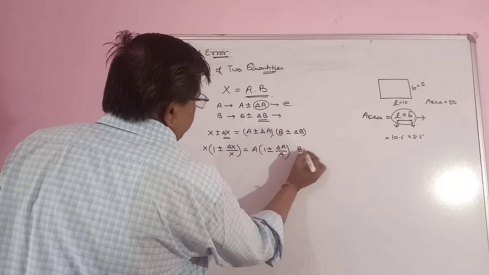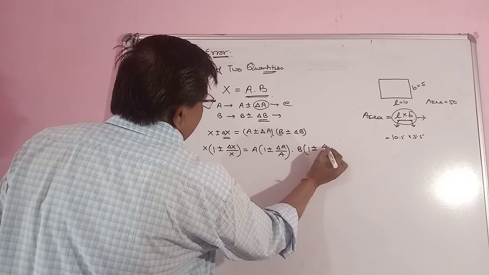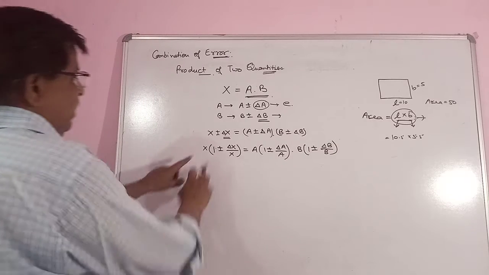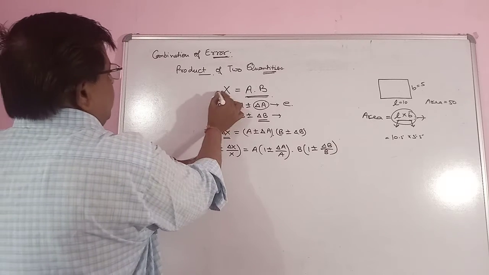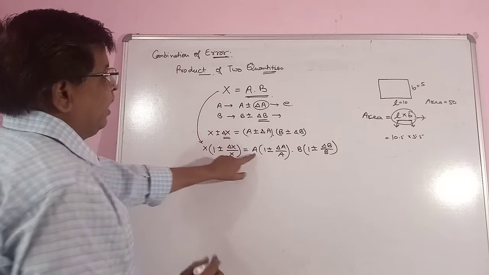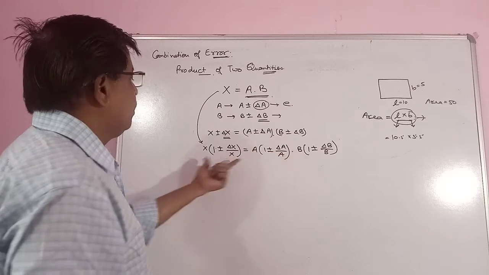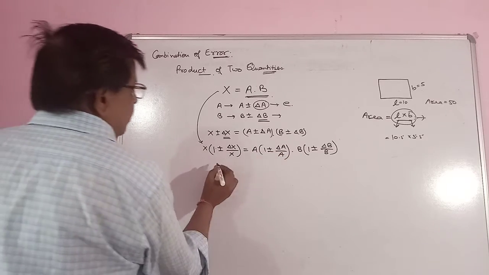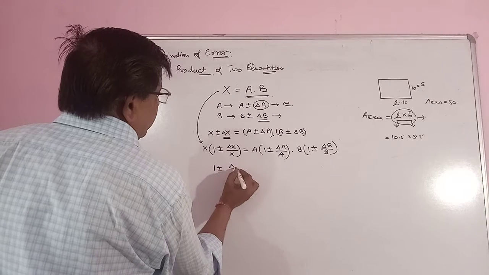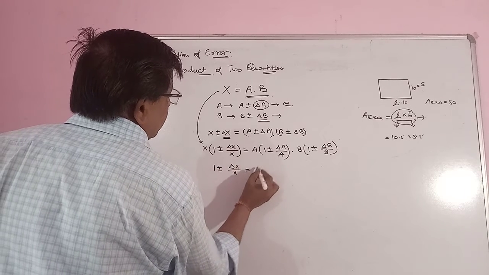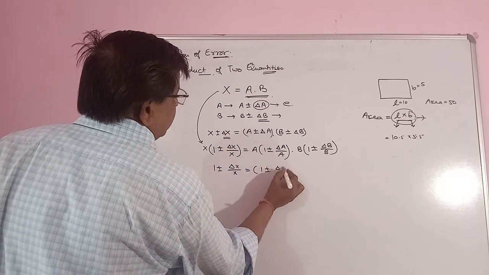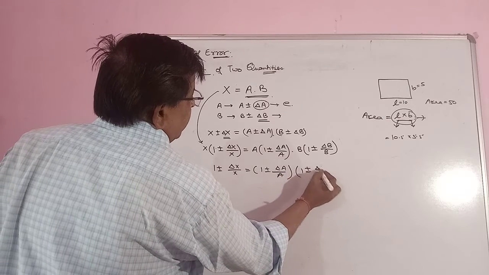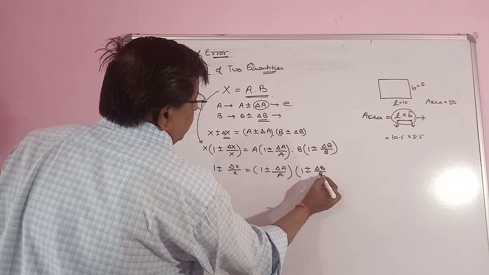In the same way, b common, plus minus delta b upon b. Now x is what? x equal to a multiplied by b. So we can cancel x and write 1 plus minus delta a upon a, 1 plus minus delta b upon b.